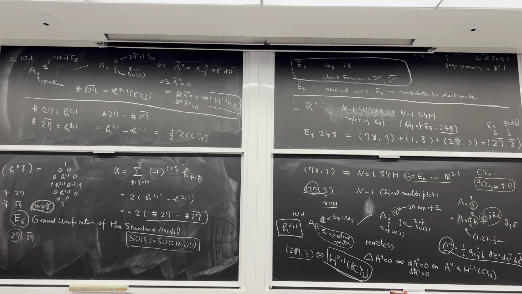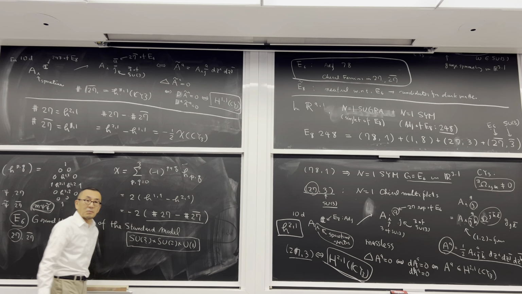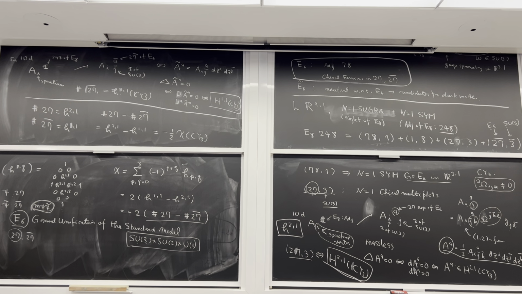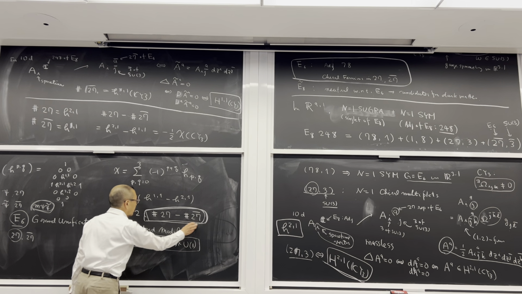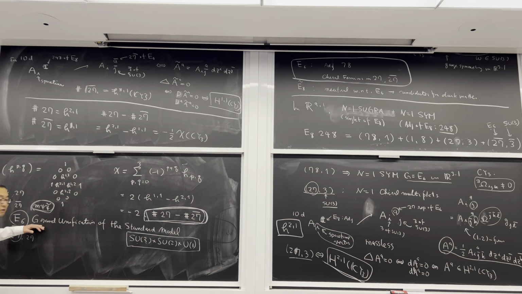Therefore, it's very natural to expect that the actual number of generations that come from this type of construction is 27 minus 27 bar. So this is the most natural expectation for the number of generations you would obtain for this grand unification.